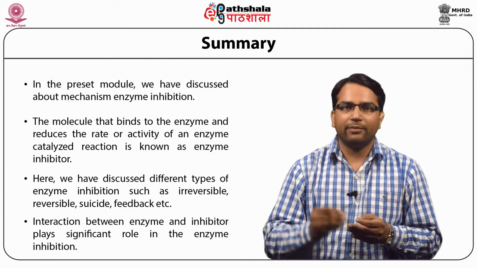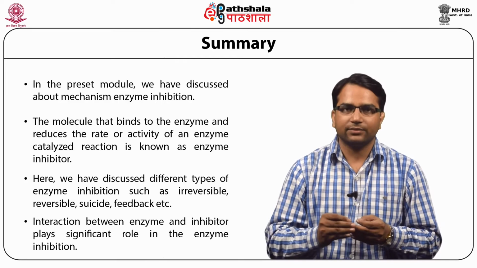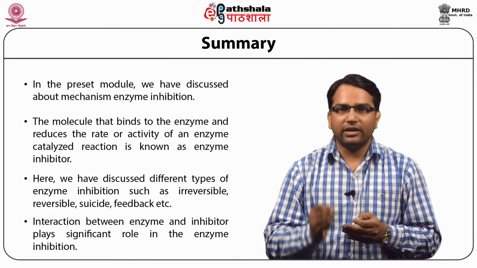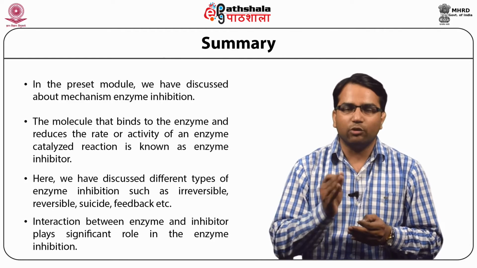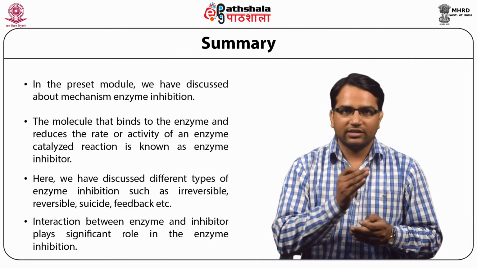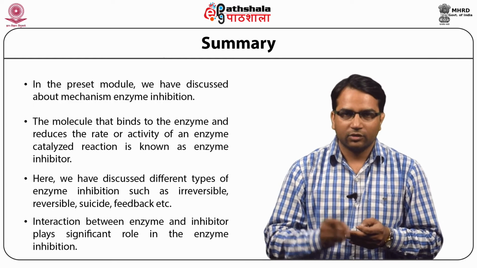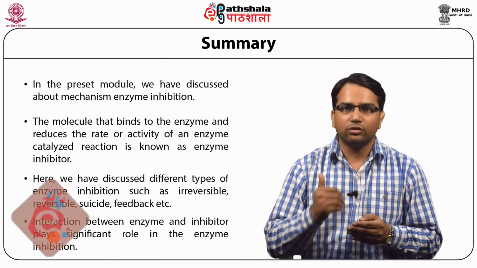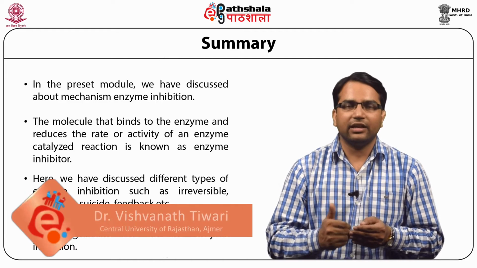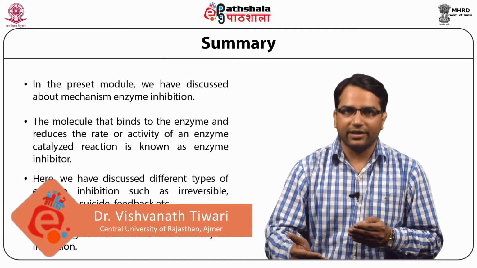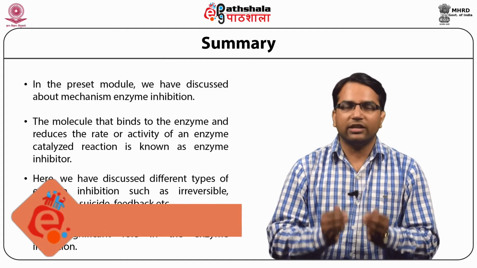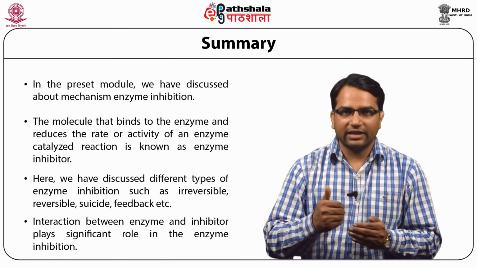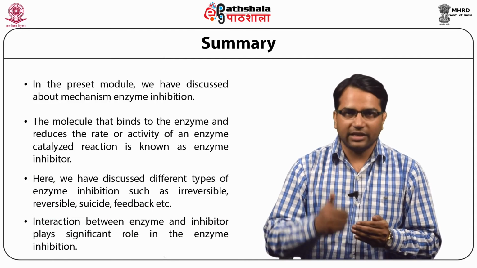At the same time, we discussed feedback inhibition, where the product itself inhibits conversion of substrate into product. If excessive product forms, it will block its own conversion and prevent the substrate from being utilized in other mechanisms. In this way, we have learned how enzyme inhibition plays a significant role in drug designing and in studying metabolic pathways.